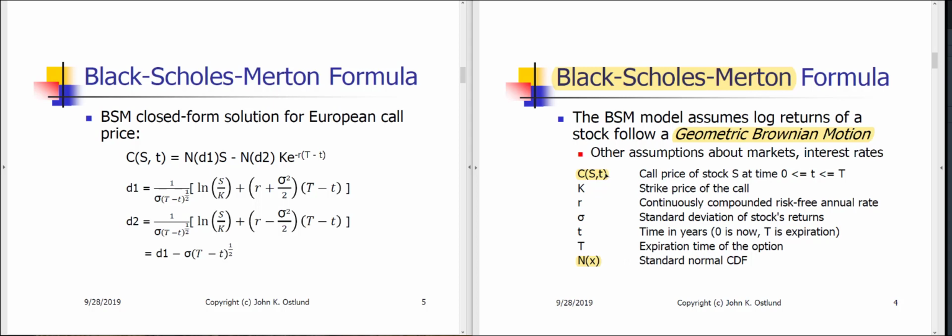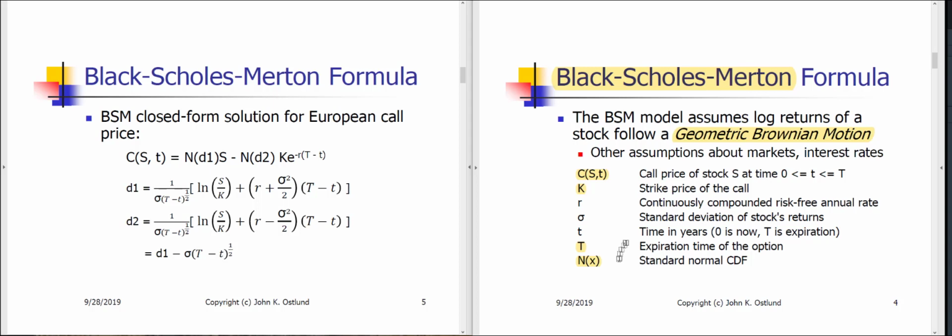C(S,t) is the output produced by the formula. N(x) is simply a formula that we apply. In terms of parameters that drive the formula and describe the option contract, K is the strike price of the call, T is the expiration time of the call. And these are simply parameters that are written into the contract.